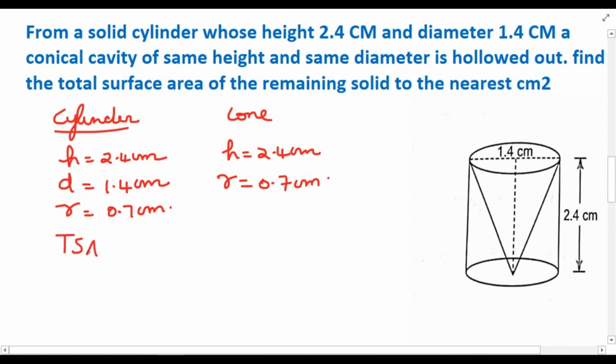So the TSA of the remaining solid is equal to CSA of cone plus CSA of cylinder.